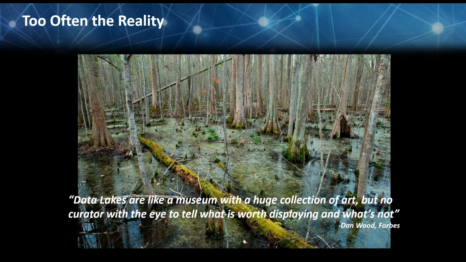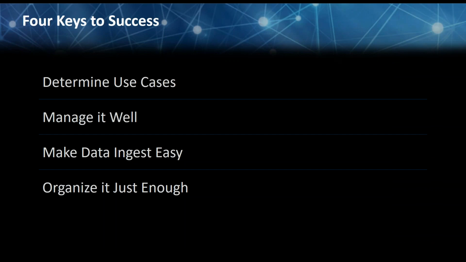We end up with lots of data that we don't know what to do with, that's hard to work with. It needs to be reorganized or redone in some way. And so our data scientists end up spending 75% of their time or more cleaning that data, deduplicating it, and adding base value to that data so that they can then do the analytics that they want. So what do we need to do this right?